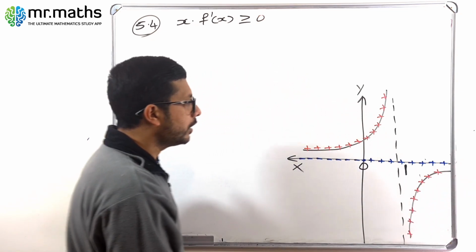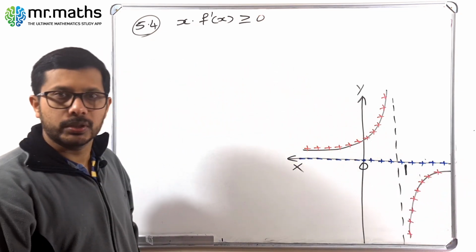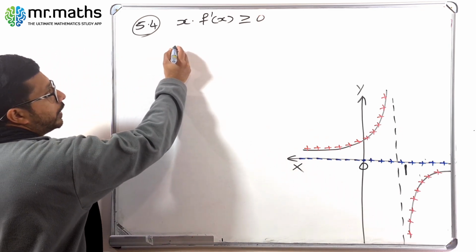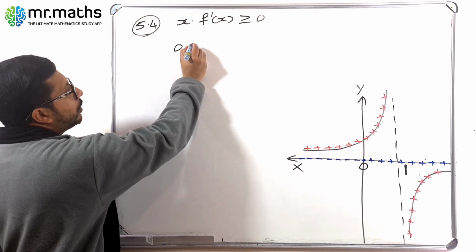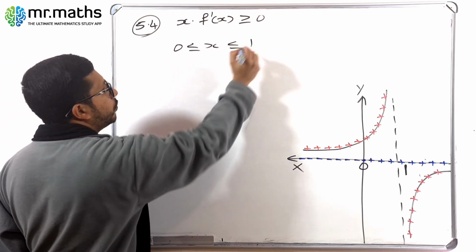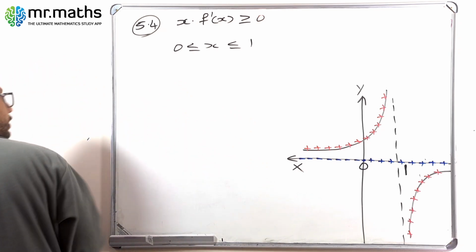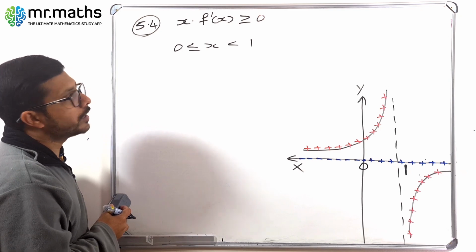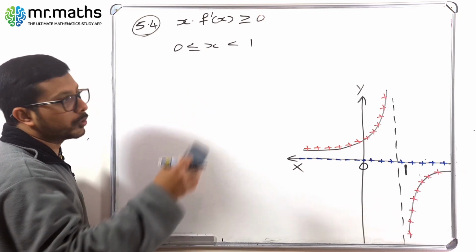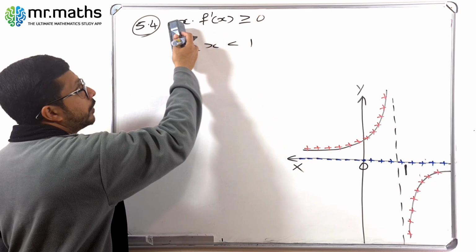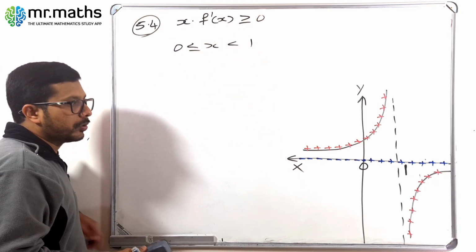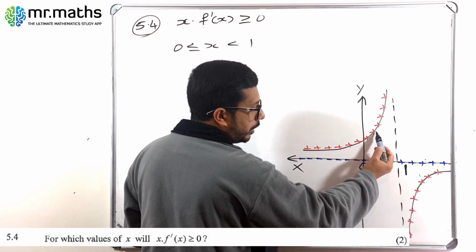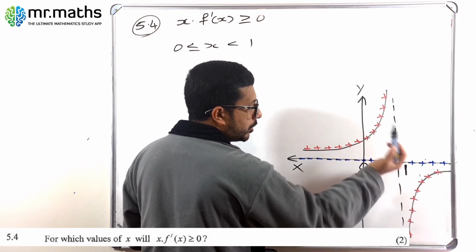It means that when x is greater than or equal to 0, or we can say between 0 less than or equal to x less than 1, I mean you can't take the equal to sign at 1. So for 0 less than or equal to x less than 1, the product of x and f dash of x is positive because x is positive, f dash of x is positive, and positive times positive is positive.